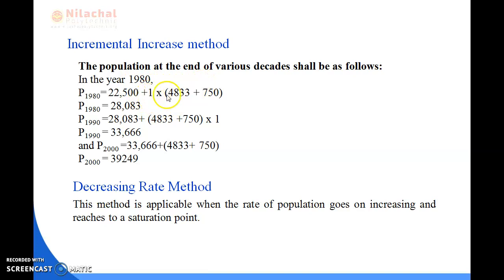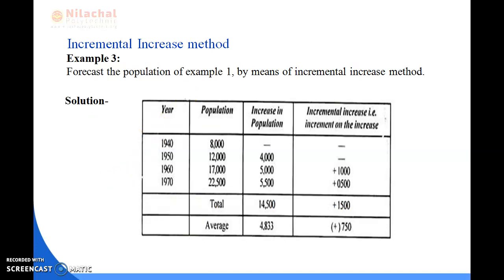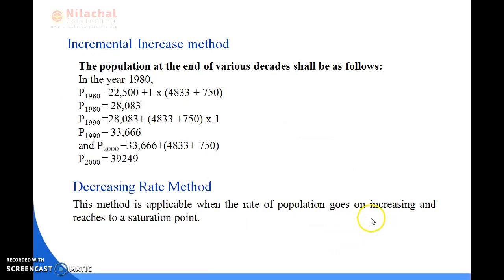So we take n as 1, into 4,833 plus 750, where 4,833 is x, or IA, and 750 is y, or IC. After solving this, we get 28,083.